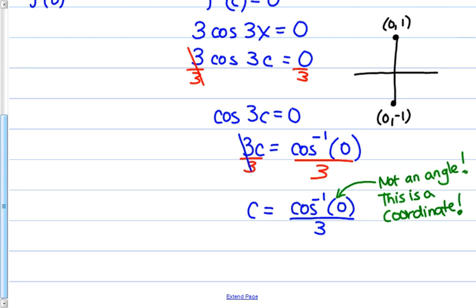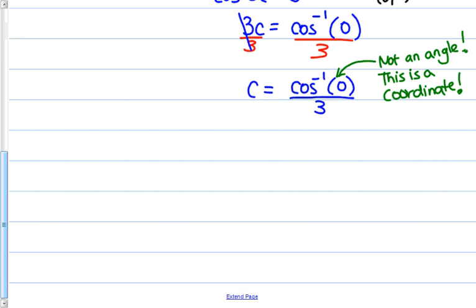For the top one, this is pi over 2. And for the bottom one, this is 3 pi over 2. So those are the two locations where my coordinate is 0. So c is equal to pi over 2 divided by 3, or 3 pi over 2 divided by 3, right? Because that 3 is still there.